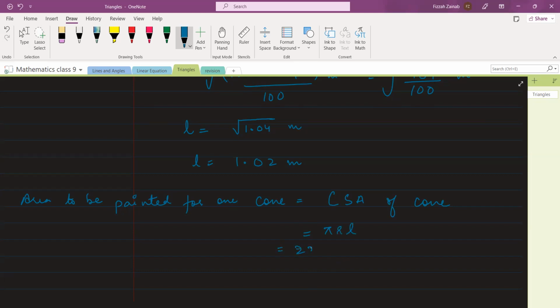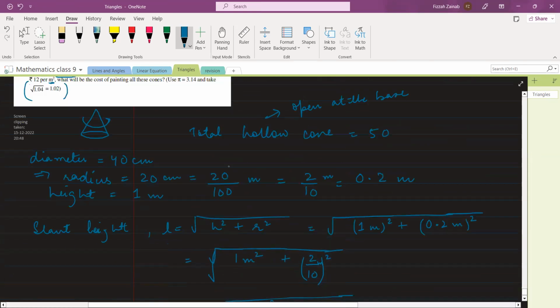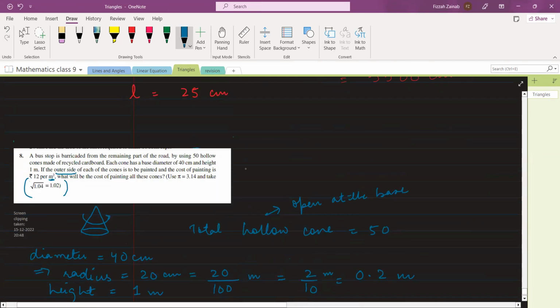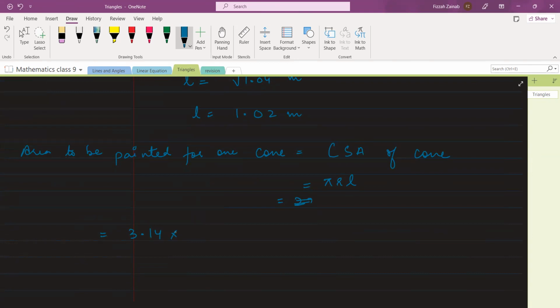I think pi 3.14 is given in the question, so use 3.14. So 3.14 into radius, which was 0.2 meter, and slant height is 1.02 meter.